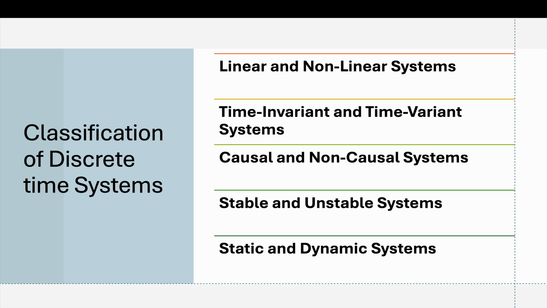And if you see time invariant and time variant systems, if the input output relationship of the system does not change with time, then we say that it is a time invariant system. If it changes with time, then it is a time variant system.